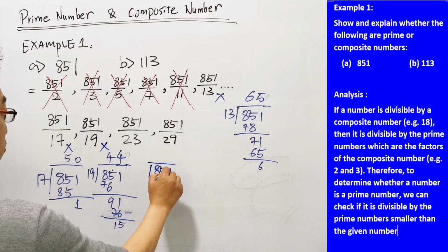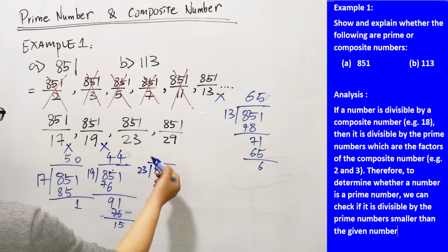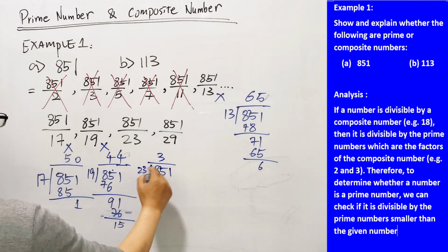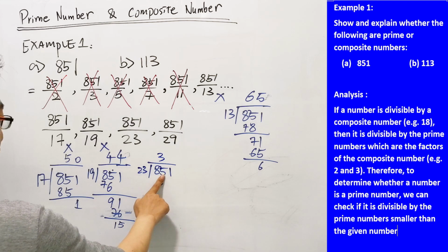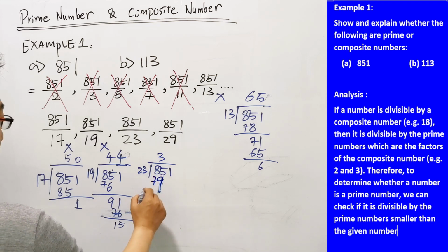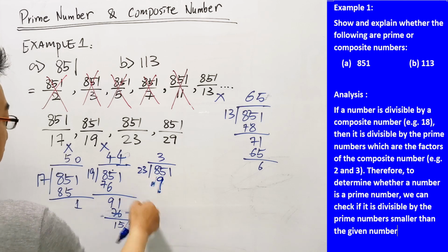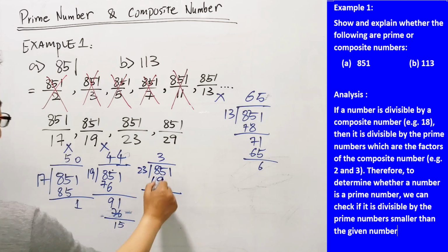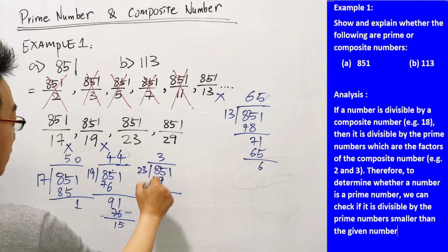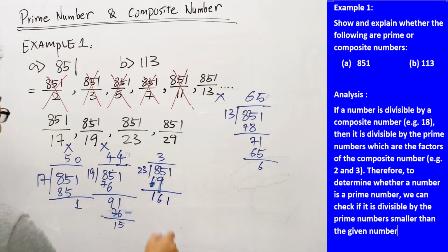851 divided by 23. So what do we get? We got times 3. Can we times 3? It's 9, right? 9 here, and then this is 7, this is 6, right? So how much do we get from here? We got 6, then we have 7, 16, right? Now we have 1.